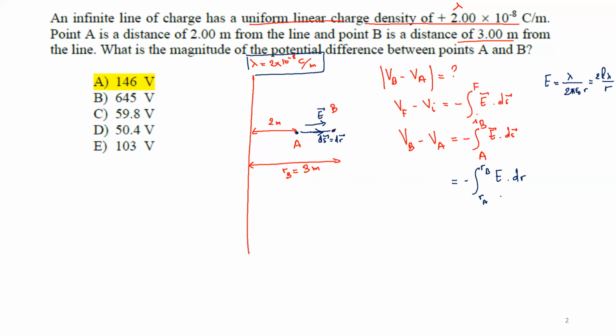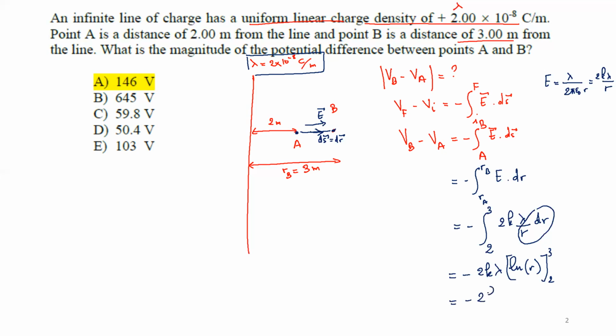So I will have minus the integral between 2 meters and 3 meters of 2k lambda divided by r dr. The constant I take out, so I will have minus 2k lambda. Now what is the integral of dr divided by r? This is ln of r, taken between 2 and 3. And this will just give me minus 2k lambda ln of 3 divided by 2.